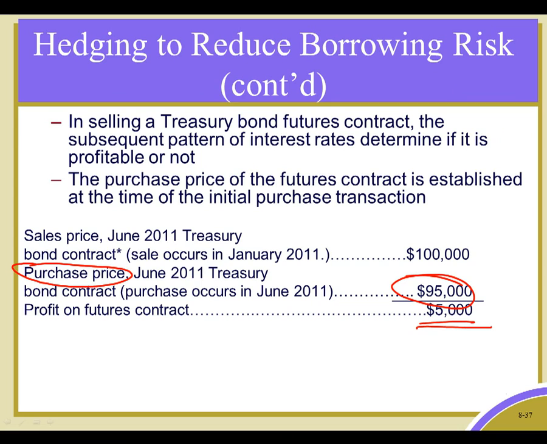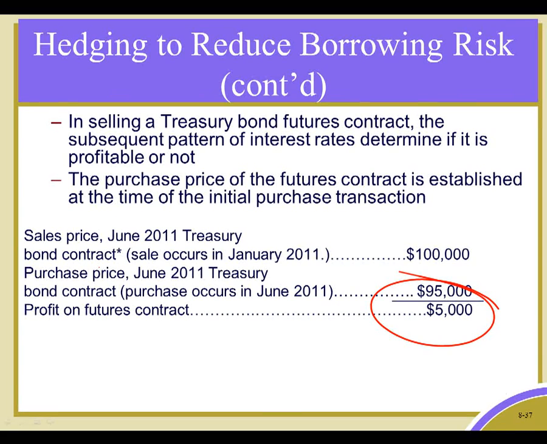The point here is this: if interest rates go up, the company is going to be unhappy because our costs of borrowing have gone up. But if we entered into a futures contract that made $5,000, then our bad luck of having interest rates rise, and therefore negatively impacting our company, is offset by our good luck of having interest rates rise and causing our futures position to become more valuable.